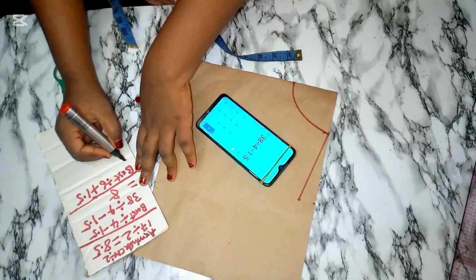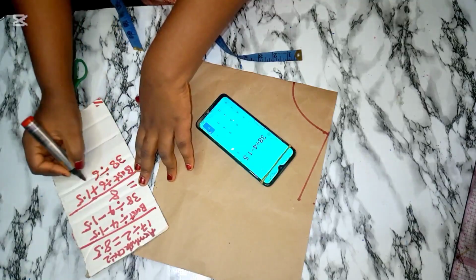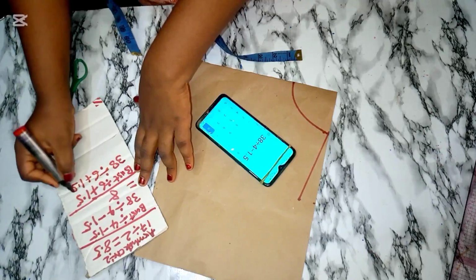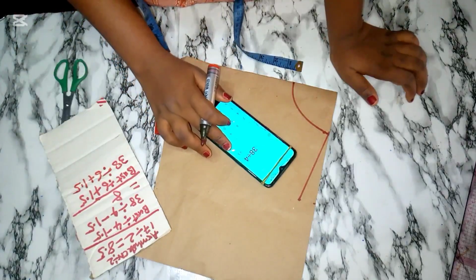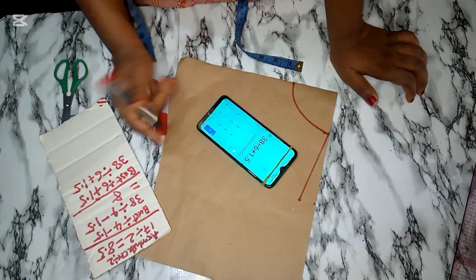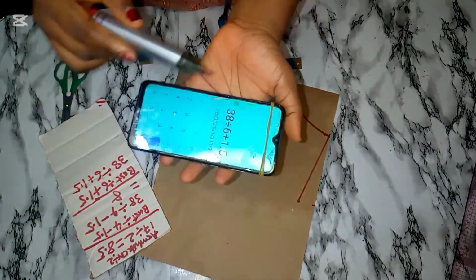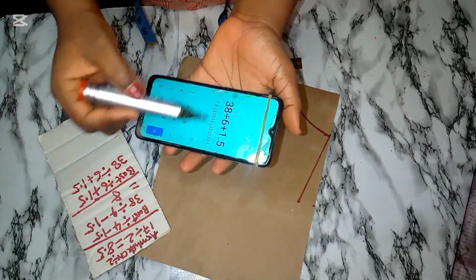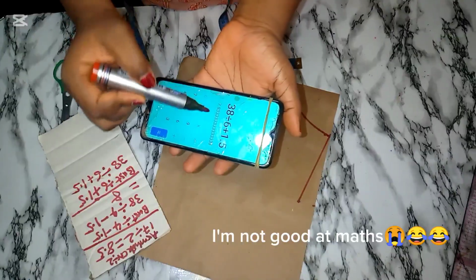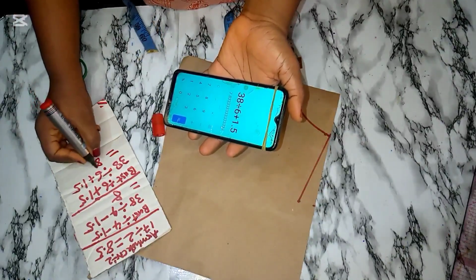So bust is still 38. 38 divided by 6 plus 1.5, I have 7.883, so I'm just going to approximate this and make it 8.